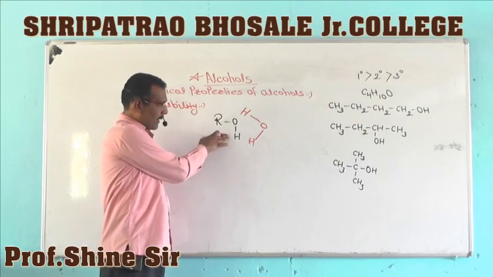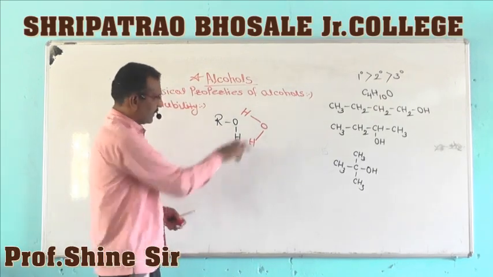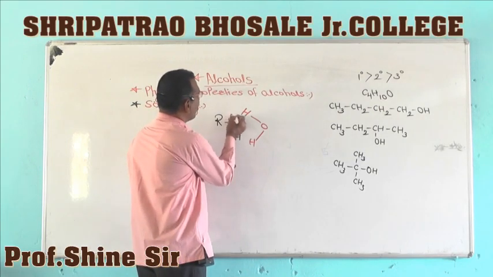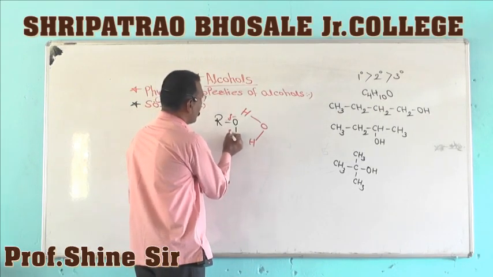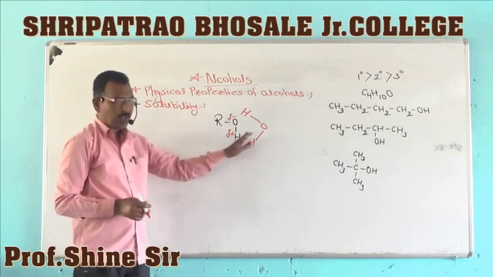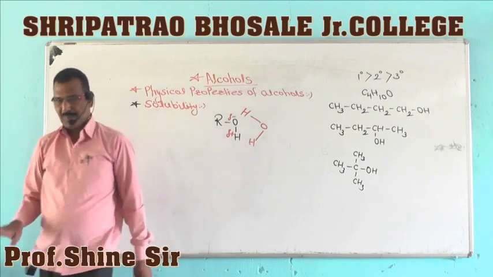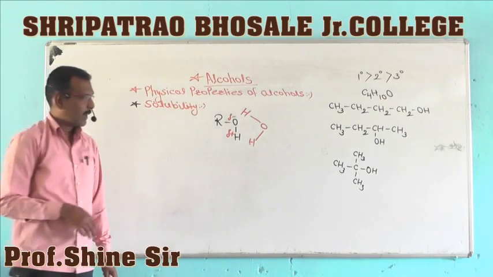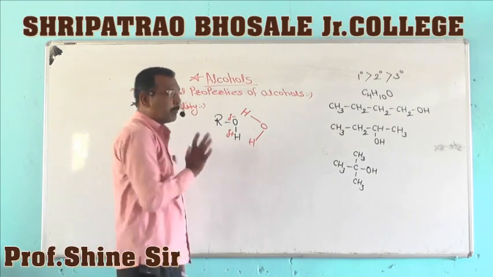Alcohol is polar, as we have just discussed. In alcohols, oxygen acquires partial negative charge and hydrogen acquires partial positive charge. Similarly, the water molecule is also a polar solvent.